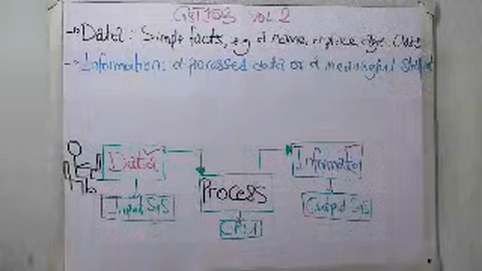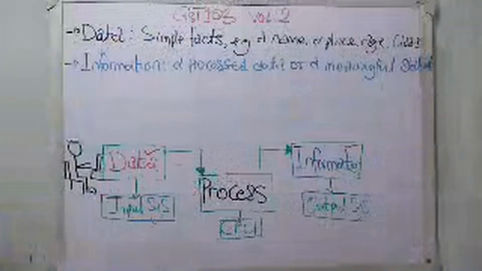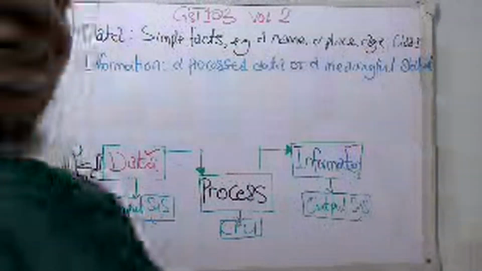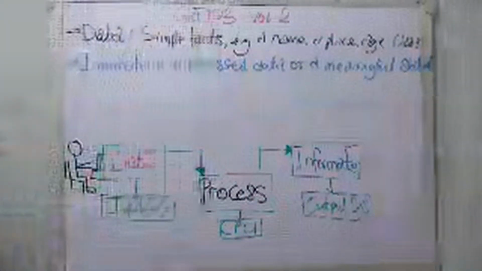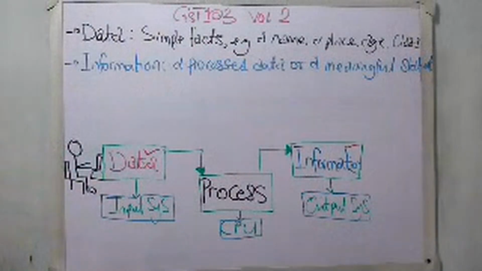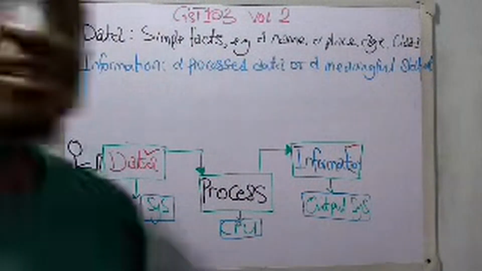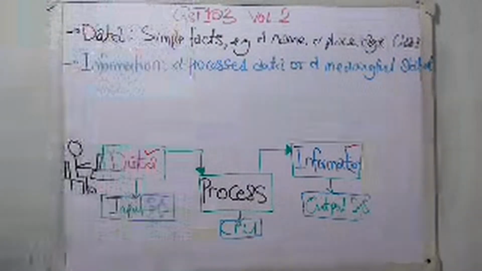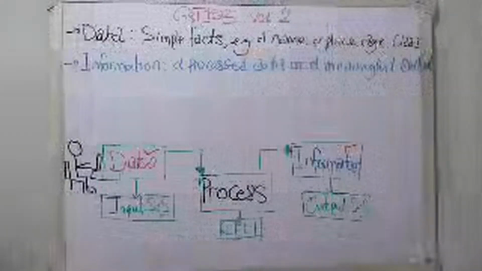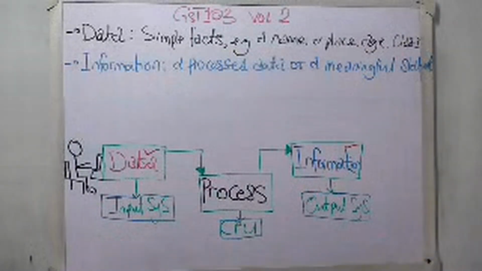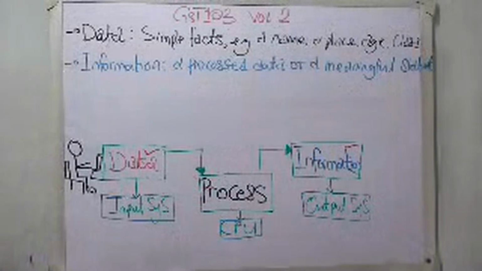It makes sense. A place is the raw material used in forming the information: a place in Abuja called Buhari. You can just say Buhari as well. Buhari is also a fact, but it does not make sense. Is it Buhari as a person or Buhari as a place? Then you say Buhari is a place in Abuja. You are referring to the place called Buhari, not the person called Buhari, because there are people who bear the name Buhari.